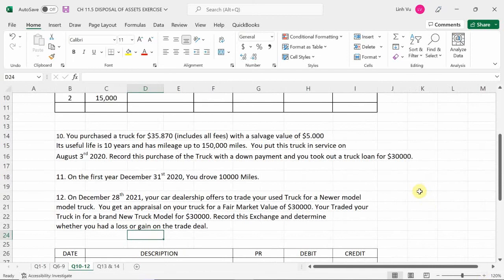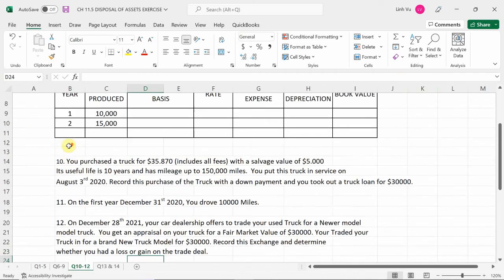And of course, it has a useful life of 10 years and has mileage up to 150,000 miles, okay? And of course, you put this truck into service on August 3rd, okay? 2020. Record the purchase of this truck with a down payment, and you took a loan out for $30,000.